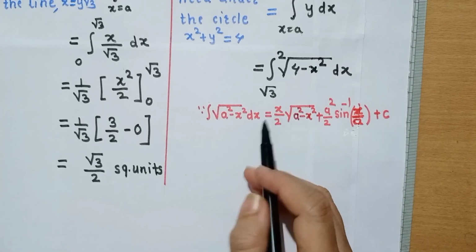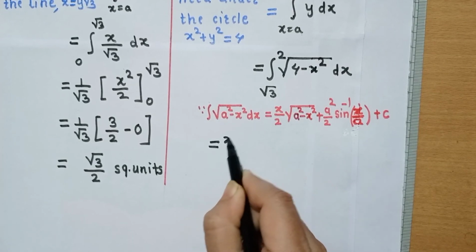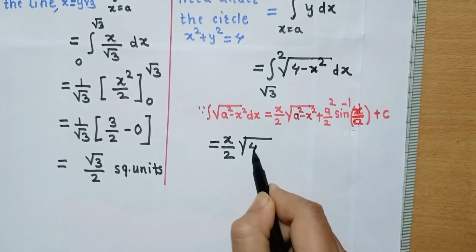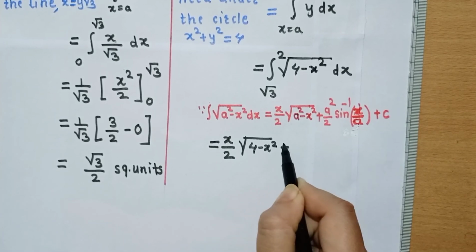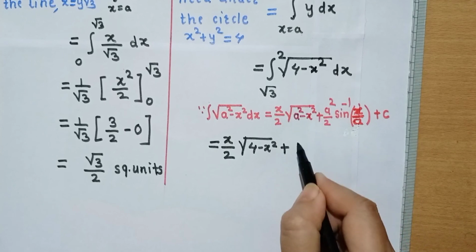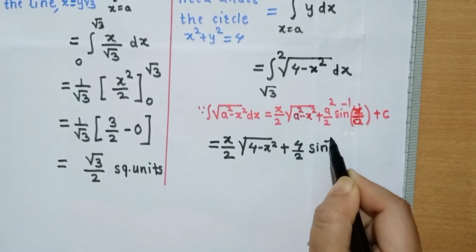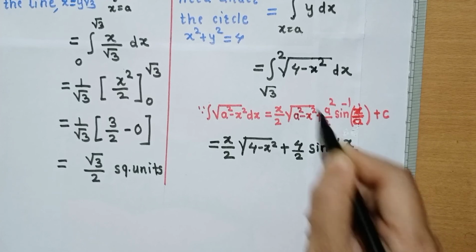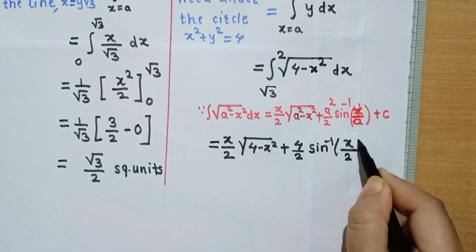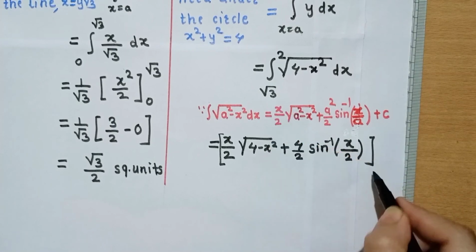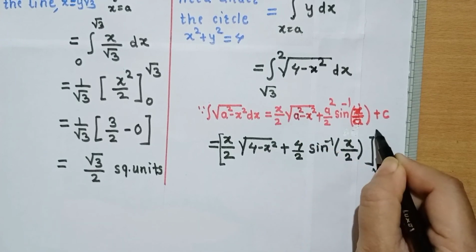So this is our formula, and so we will write x by 2, this root as it is, root of 4 minus x square, plus a square, a square means 4, 4 upon 2 sine inverse of, again, x upon a means x upon 2. Since this is a definite integration, we will write the limits from root 3 to 2.